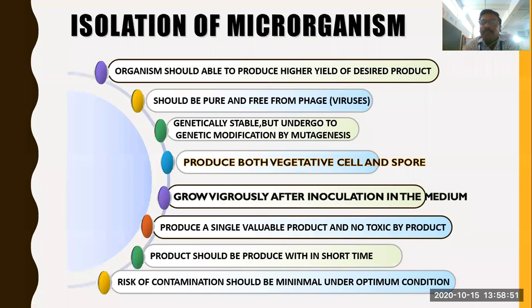The organism should be able to produce a higher yield of the desired product in which you are interested. This is my first aim. When I select the microorganism, I will select only for the desired product which can give the maximum yield. This is my first motto.